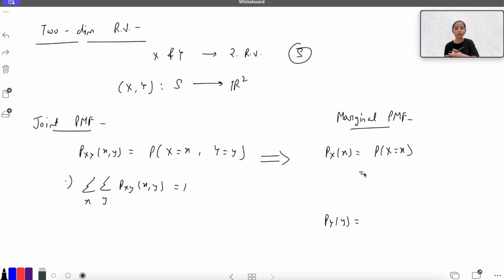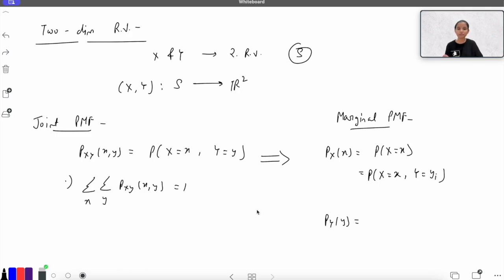If you put in all the values of the random variable corresponding to Y, then you will get the marginal probability mass function for X. That means you take the probability that X equals x, comma, Y equals y_i.